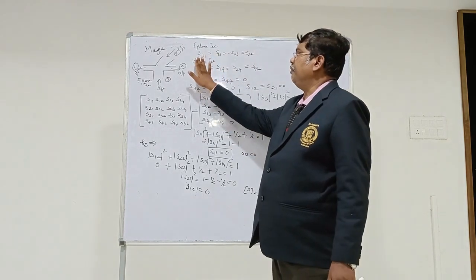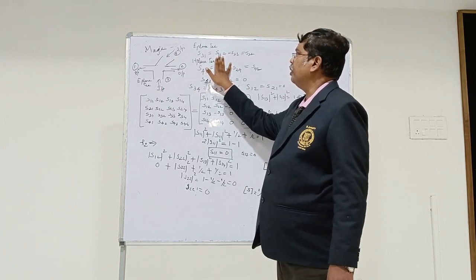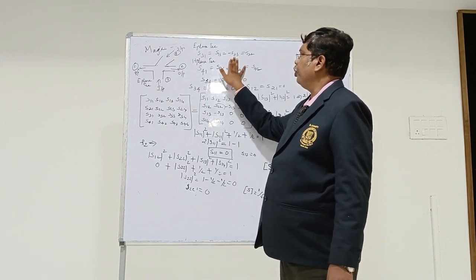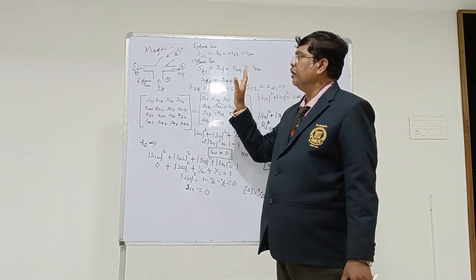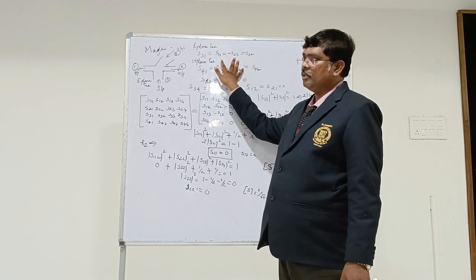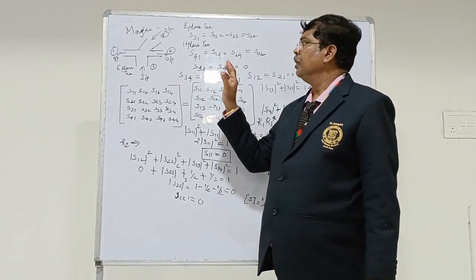First, we are writing the condition for the E plane. That means the coupling between port 3 to port 1 and port 3 to port 2, the magnitude will be equally divided. Then these two are out of phase to each other. The negative sign indicates that these two are out of phase to each other.